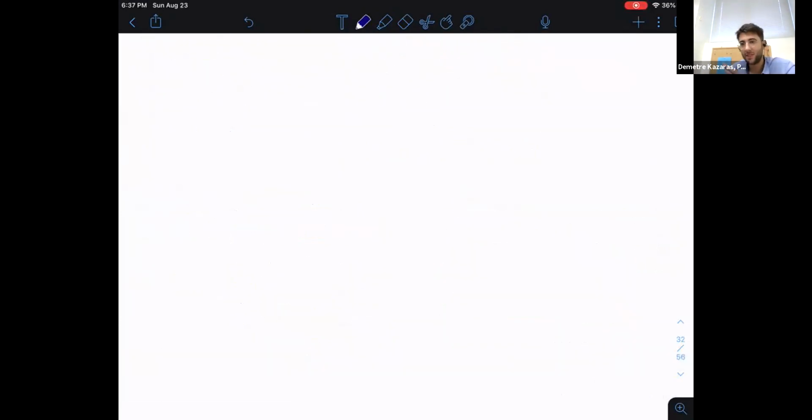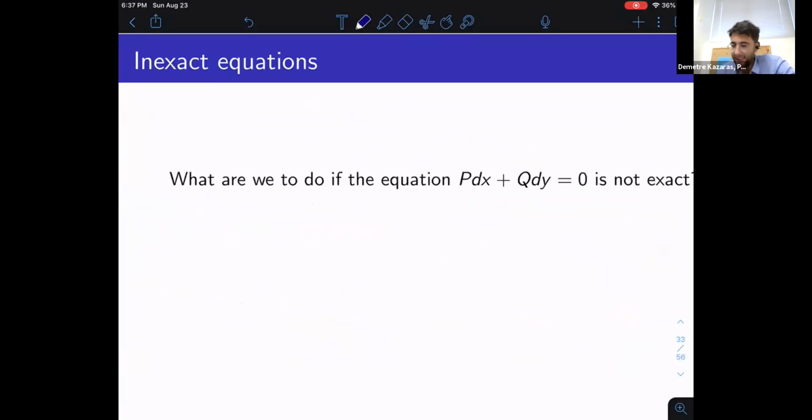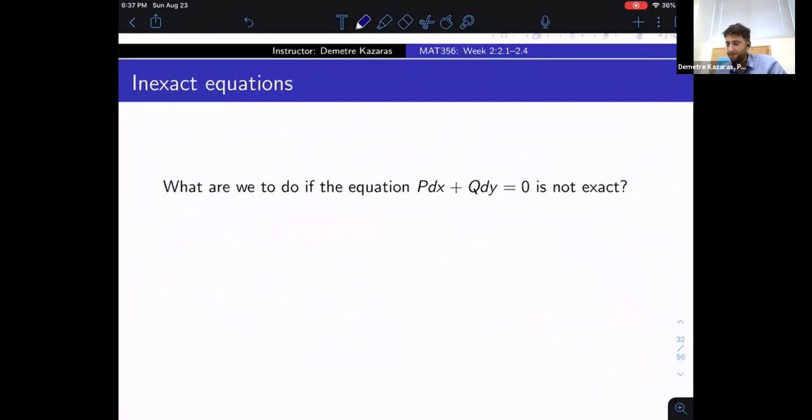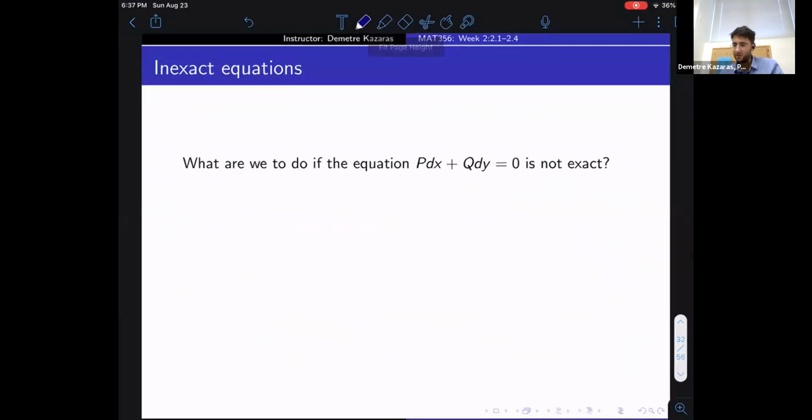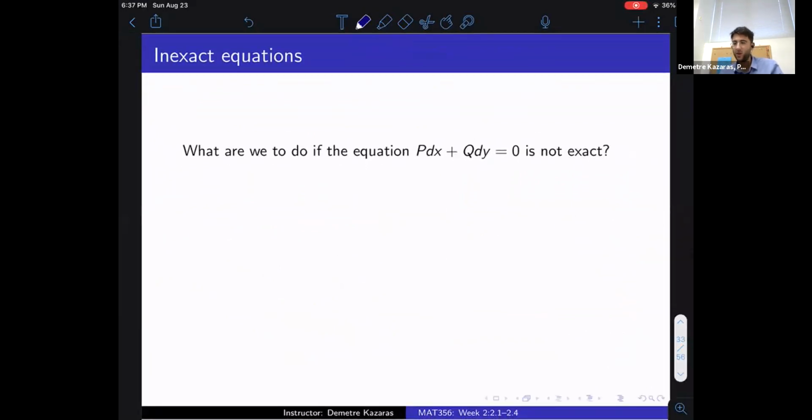I give myself more space on this one. All right, so what can we do in the situation where the equation happens to not be exact, where we can't hope to find a capital F so that the left-hand side of the equation is dF?